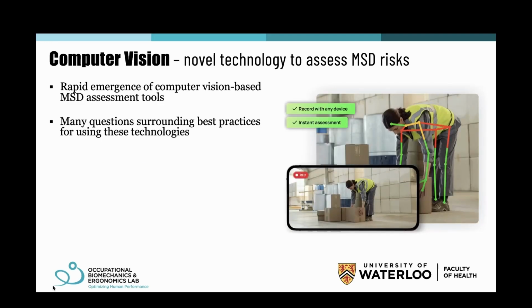These single camera computer vision tools have rapidly emerged in the market, and they're used as a simple point and record method of videoing workers on the job. You then take those videos, upload them to their program or application, have it perform the human pose estimation, and from there you get the 3D postures in space, and you can do all the risk assessments associated with getting those positions in space.